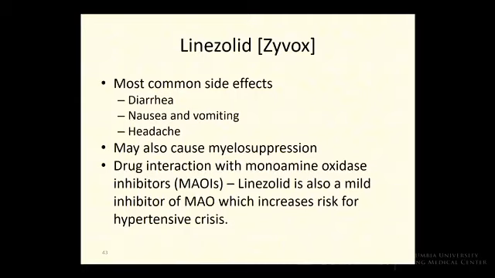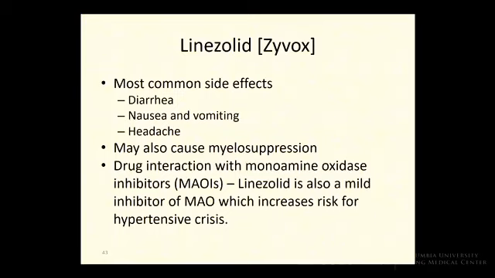We also see drug interactions with monoamine oxidase inhibitors. And monoamine oxidase inhibitors have a wide variety of applications, including as an antidepressant, but they're very rarely used anymore because there's so much interaction.